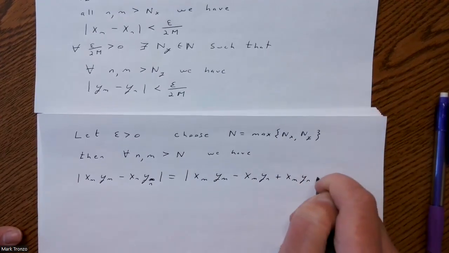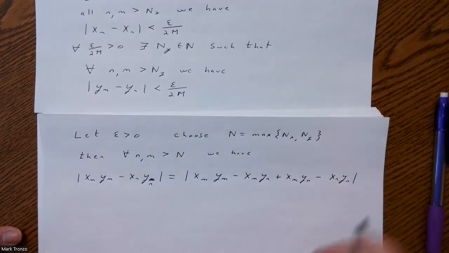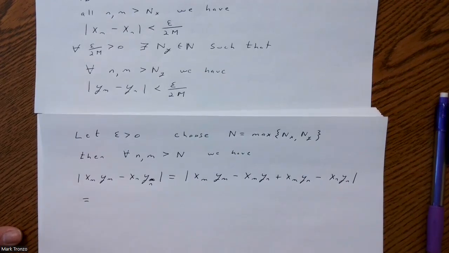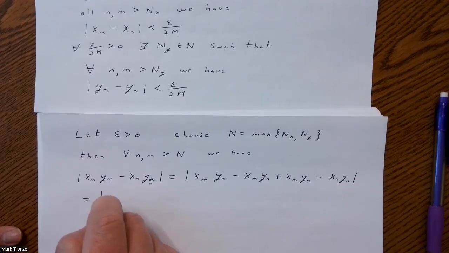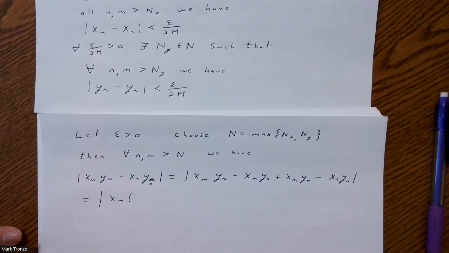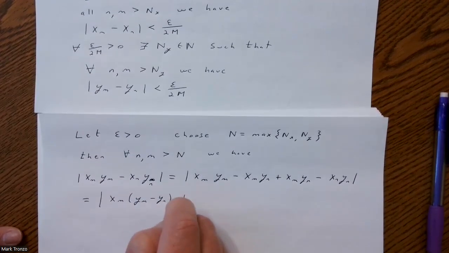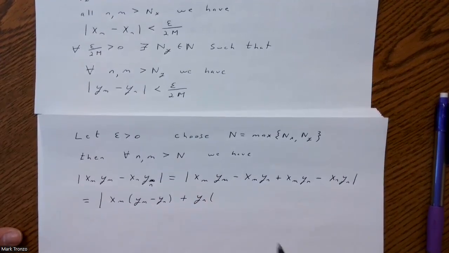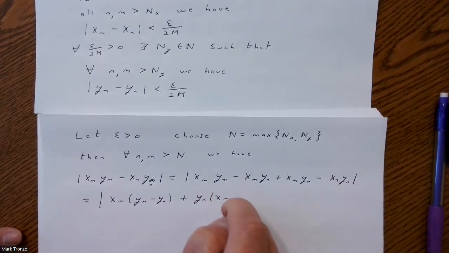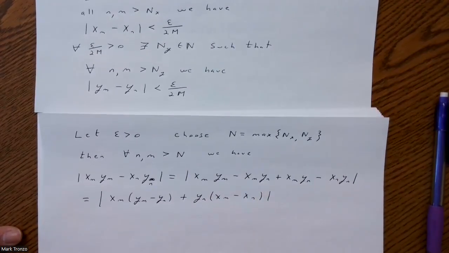At this point, we're kind of repeating a lot of our scratch work. Xn yn, and then we're just going to factor out what we had here. Xm (ym minus yn) plus, and then over here we factored out this one, (xm minus xn), like this.